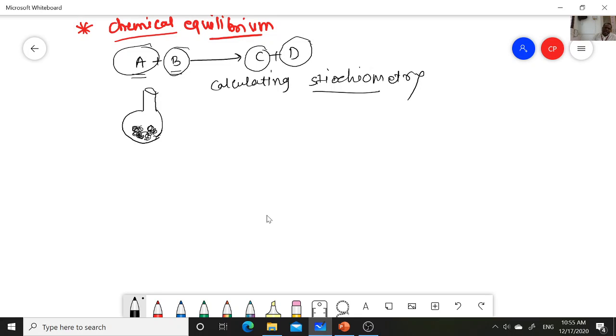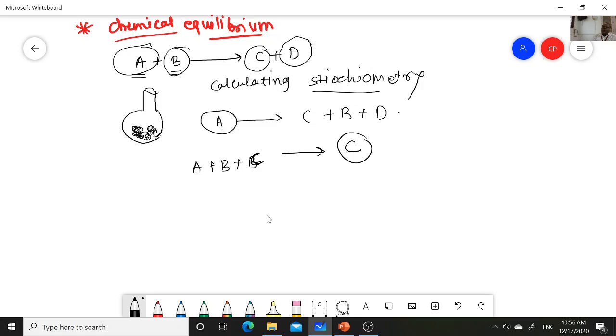Or there are many reactions with only one reactant molecule, and there may be the formation of 2-3 products. And remember, there may be 2-3 reactant molecules and the formation of only one product.